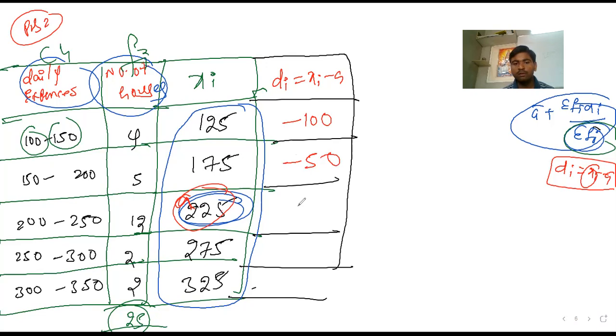Next 225 minus 225. Answer is 0. Next 225 minus 275, answer is 50. Next 225 minus 325. Answer is 100, right? So this is the value of di. I think you're very clear.